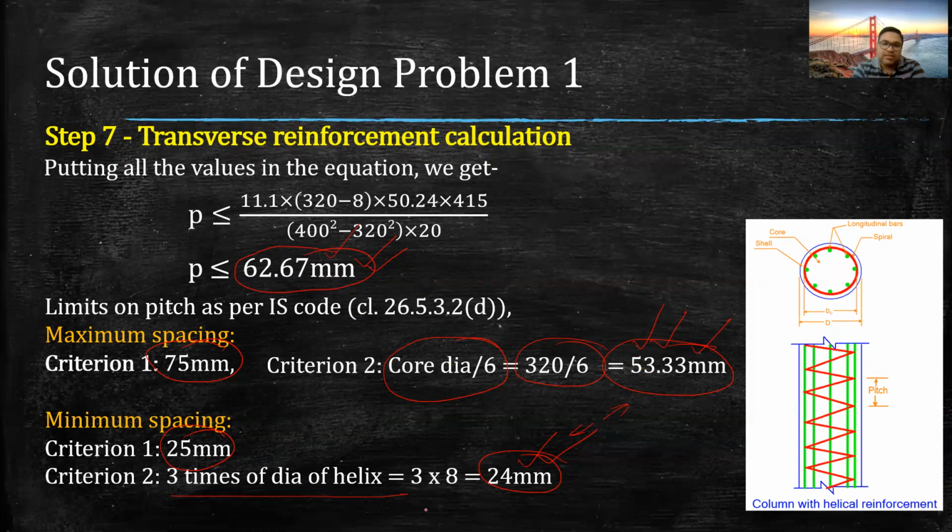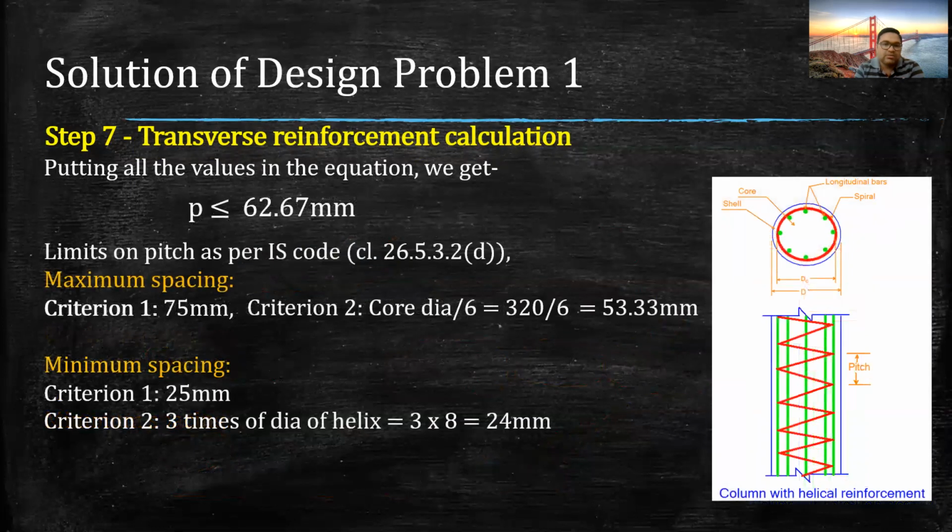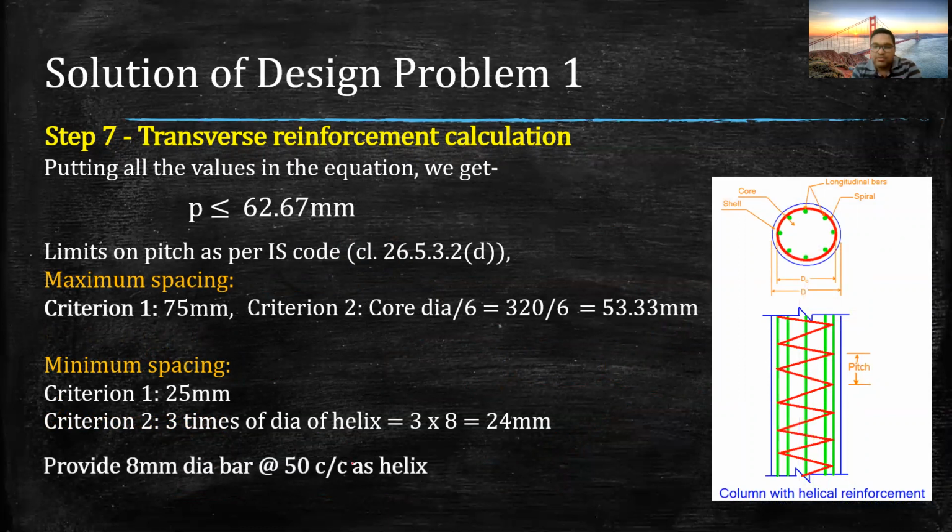Let's say we adopt the pitch as 50 mm, the round figure for the pitch. If we select a lower value of the pitch, we have to provide a higher length of the spiral and also there may be some congestion. Therefore to avoid that, I have adopted this 50 mm center to center as the helix.